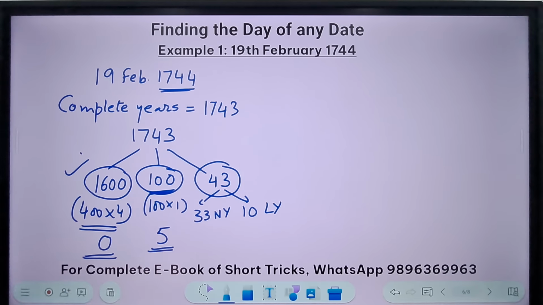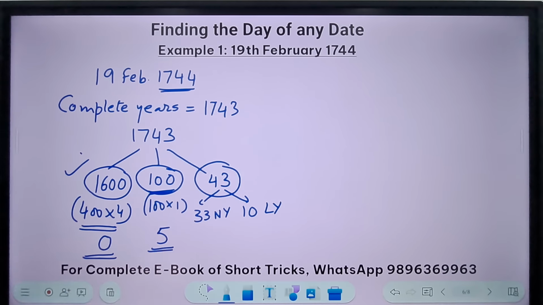So whenever you get a number greater than 7, divide it by 7 and retain the remainder. So if you divide 58 by 7, 7 8s are 56. So the remainder is 2. And so you have to remember that in 1743 complete years you have 2 odd days. Now this is the concept of finding the total number of odd days in complete years.